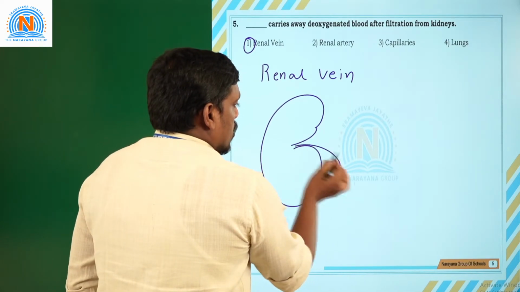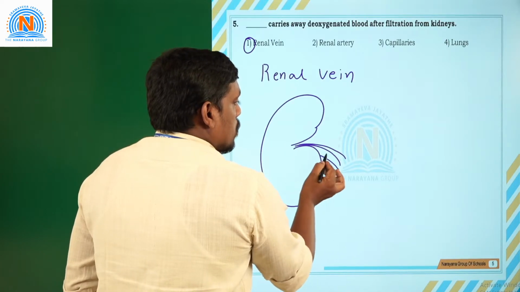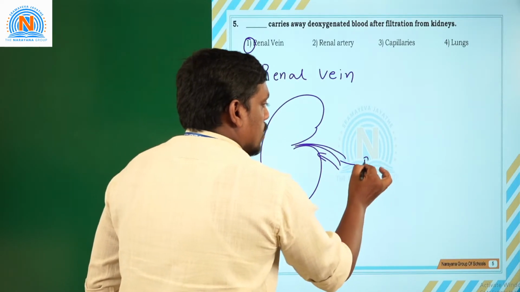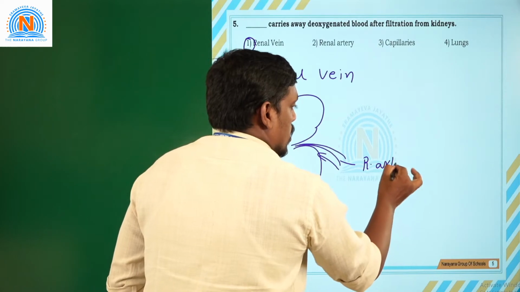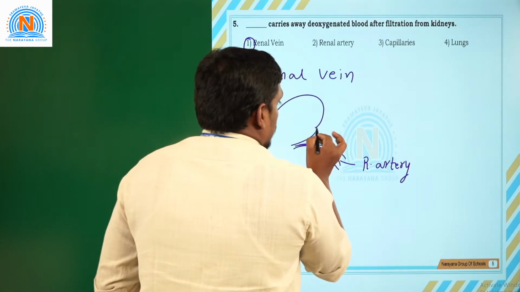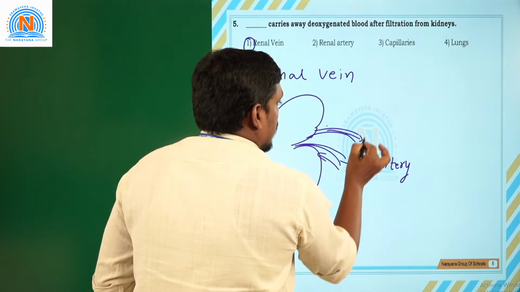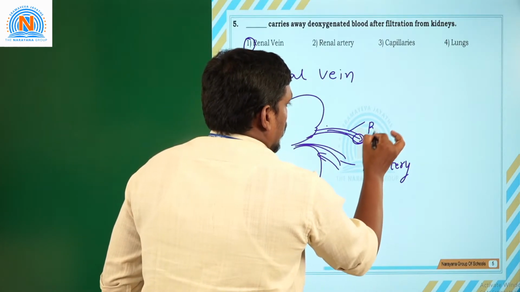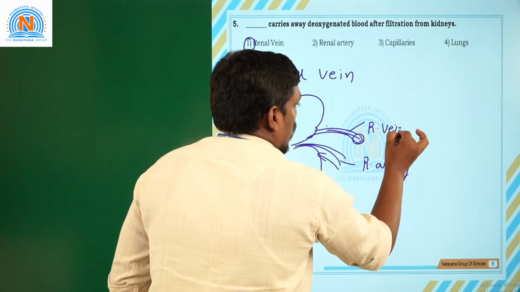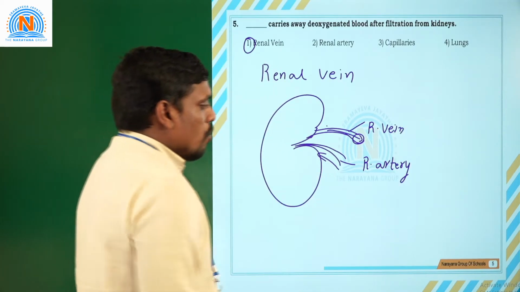A major blood vessel that brings blood towards the kidneys is the renal artery, as we have discussed previously, whereas a major blood vessel that carries blood away from the kidneys is the renal vein. So, the answer is renal vein.